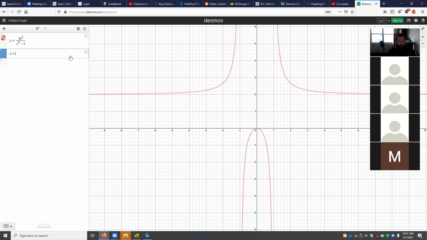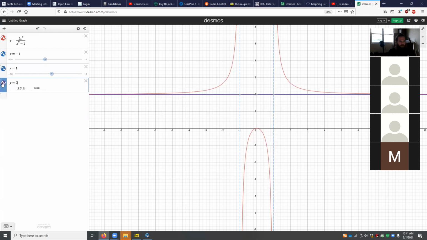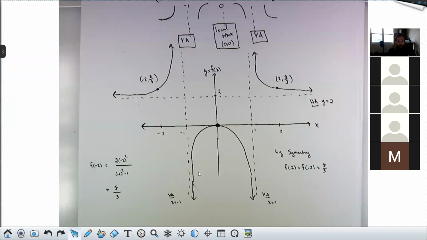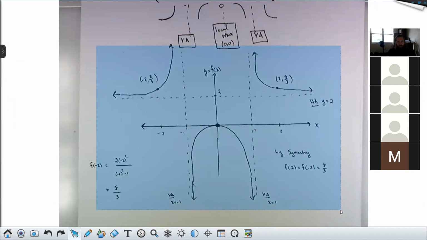We can add in the asymptotes. There it is, right? Nice graph. So this is what we're after. That's what we went through all that trouble for.